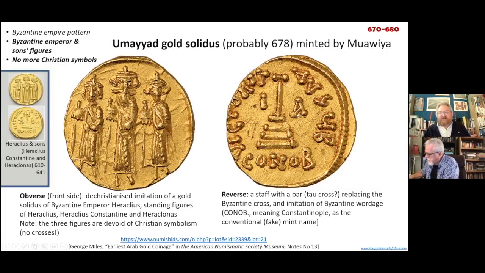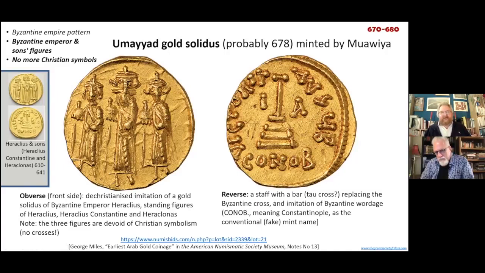It's not a cross; it's the staff with the bar here. One could say it's a T cross, but no, I think it's a mockery. And the mockery goes so far as imitating the Greek inscription around the fake cross. Here, for example, we have Konob written here. You can see almost the same here on the Byzantine coin. Konob means Constantinople.